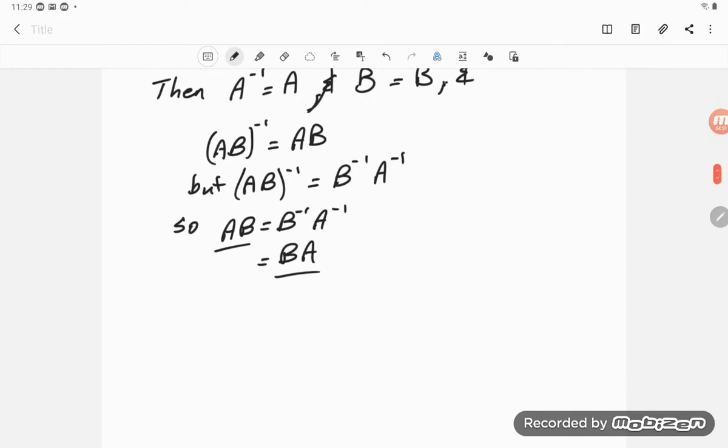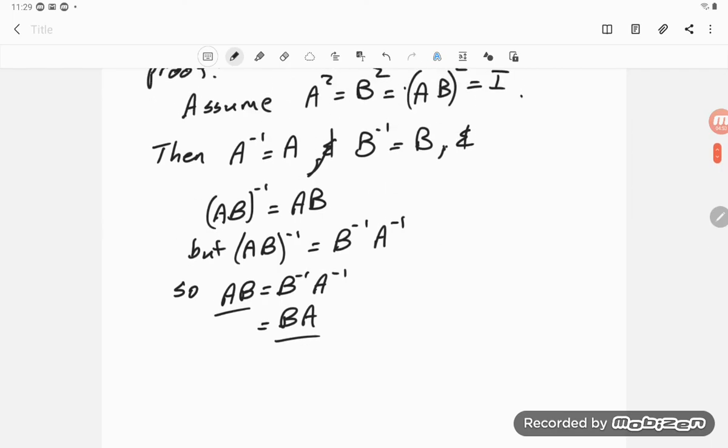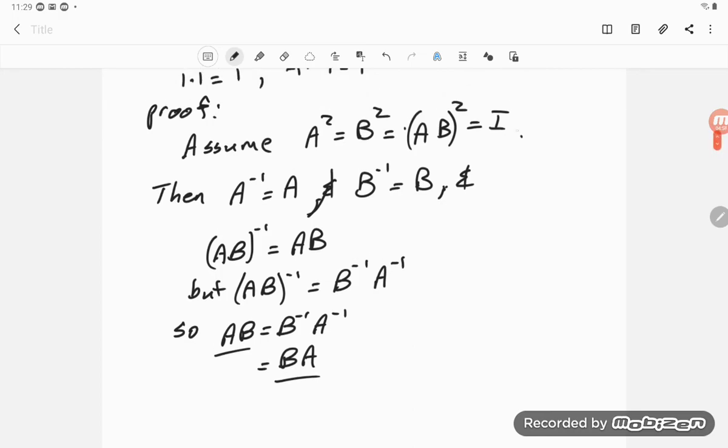Right. So pretty much when you look at that proof, I wrote down what we were assuming to be true. Then I wrote down things that follow immediately from those assumptions: A inverse is A, B inverse is B, and AB inverse is AB.